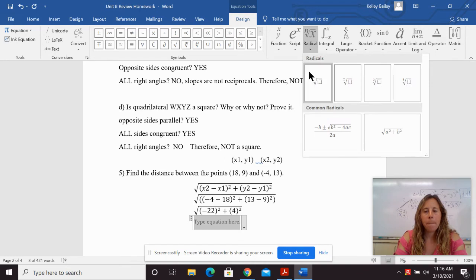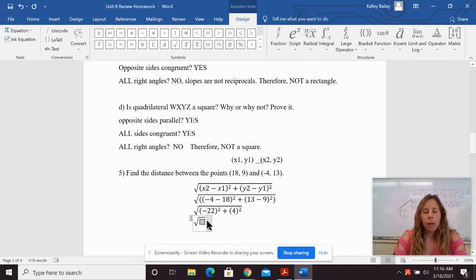Negative 22 squared is 22 times 22, 484, positive 484. Your negative is gone. Negative 22 times negative 22 is a positive number.